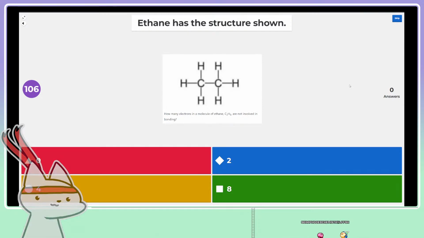More often than not, when things are not involved, it can either be not involved in valence electrons, or it can also be the inner shell.